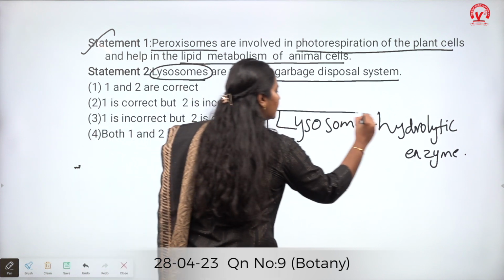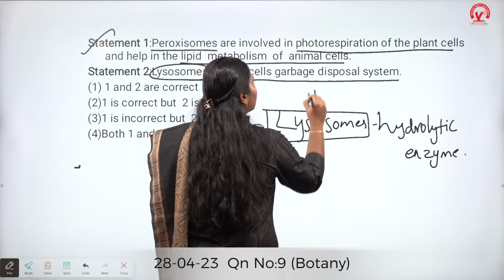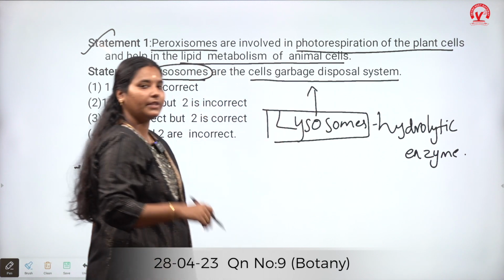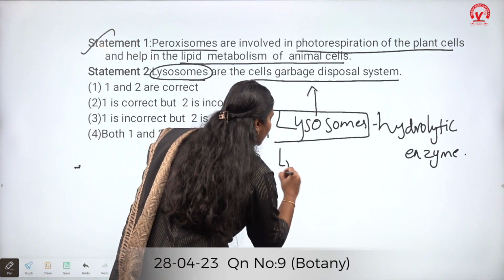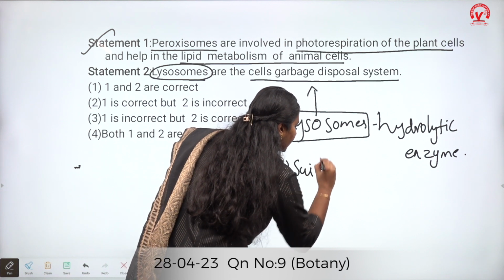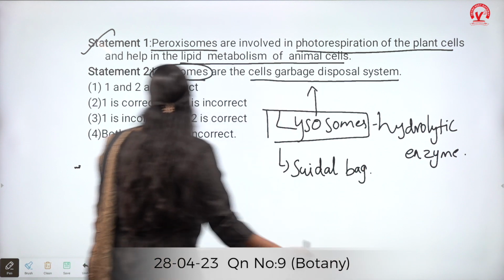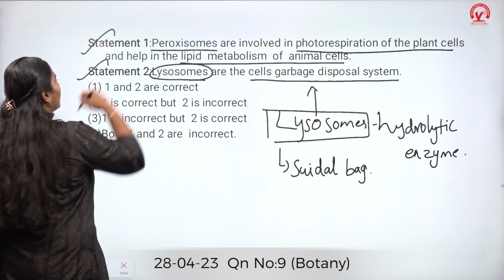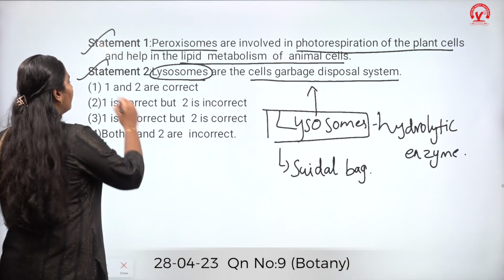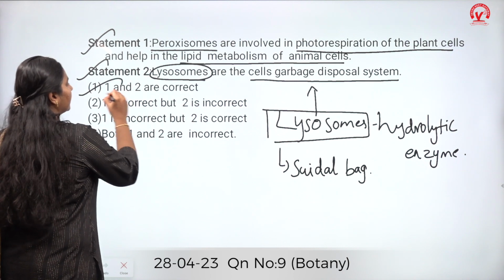So these lysosomes are called the cell's garbage disposal system. Sometimes they are also called the suicidal bag. So the given statement 2 is also correct. So the correct answer is both 1 and 2 are correct.